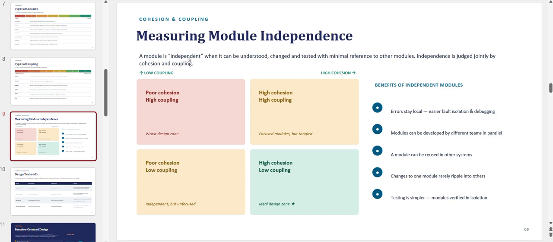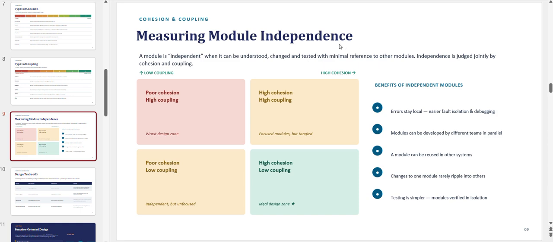A module is independent when it can be understood, changed and tested with minimal reference to other modules. Independence is judged jointly by cohesion and coupling. This means a module is independent when it can be understood, changed and tested with minimal reference.